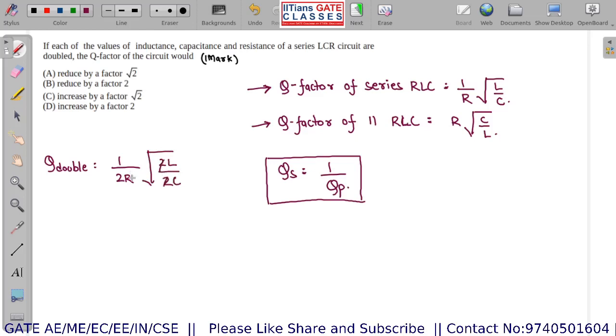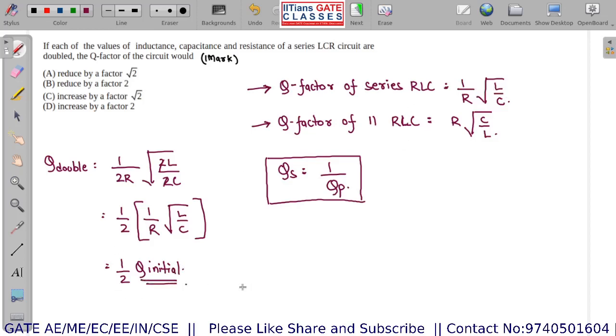So 2 gets cancelled. This is 1 by 2 times 1 by R under root of L by C. So this is equal to half Q initial. Initial means when the normal RLC was present, after that we have doubled all the elements in the RLC circuit.